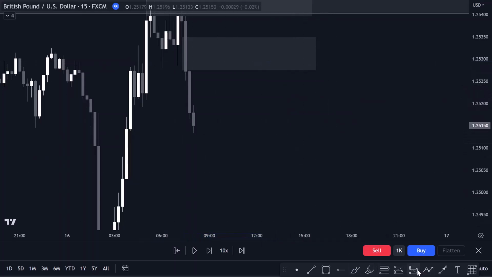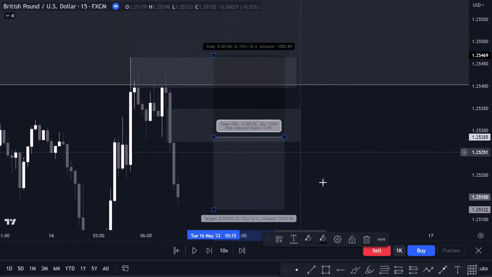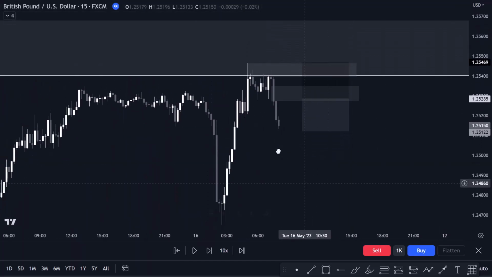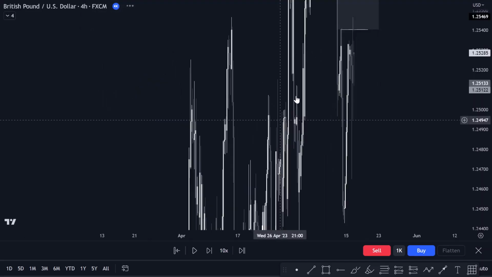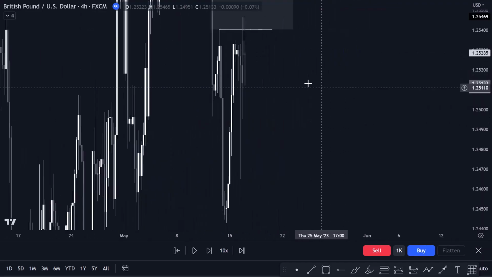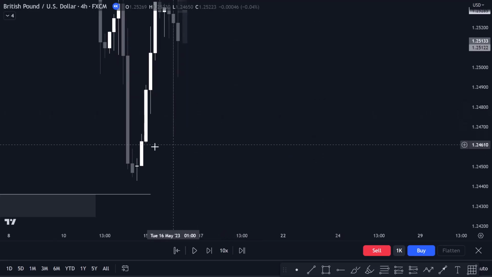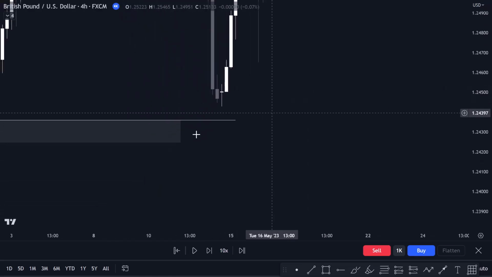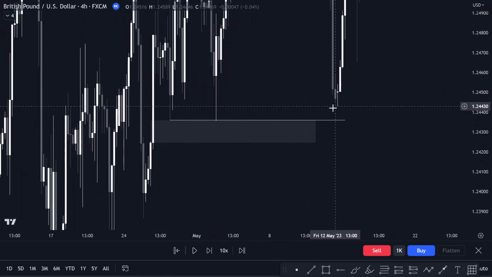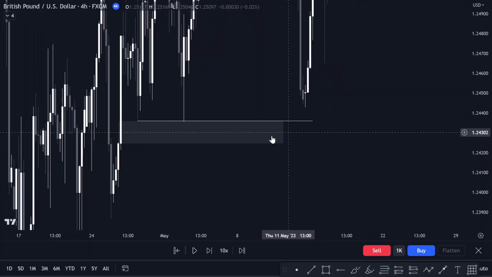So I'd have my sell limit here, stop loss all the way above, and I would go and target on the 4 hour. If I go to the 4 hour, what I can see here, I can target this point of interest here, right? I also can target this low and those relative lows for a turtle soup, but this is kind of risky.